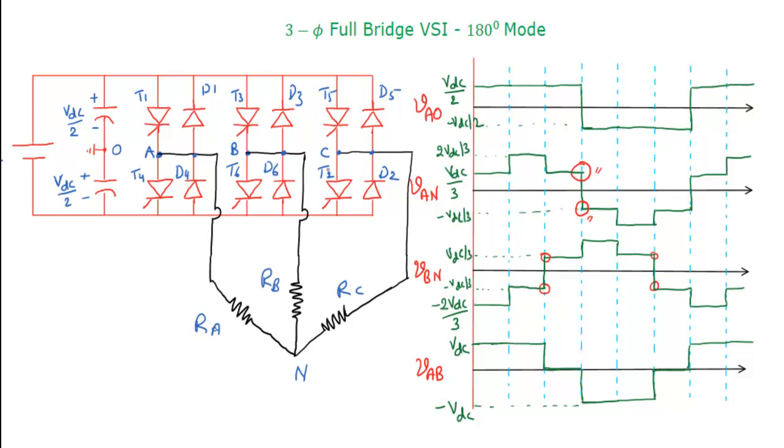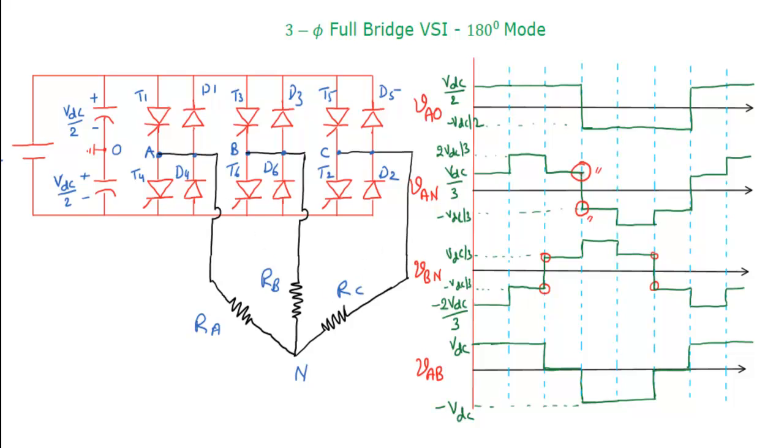In general, we will not have separate thyristors T1, T2, T4, T5, T6 or separate diodes. We will manufacture all the thyristors and diodes on a single chip. So if one thyristor or diode is damaged, we need to replace the entire chip, which is costly. That's why we give a minimum duration between the transition of thyristors on the same leg, to avoid a source short circuit and protect the thyristors.